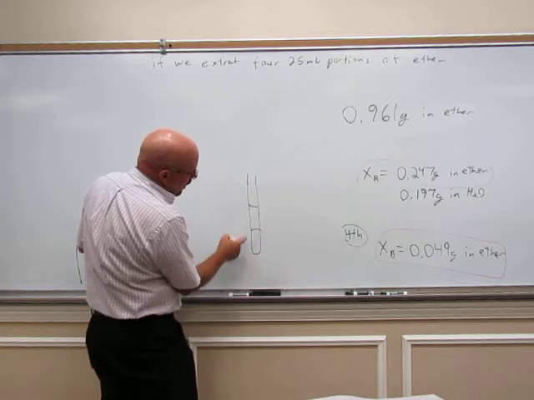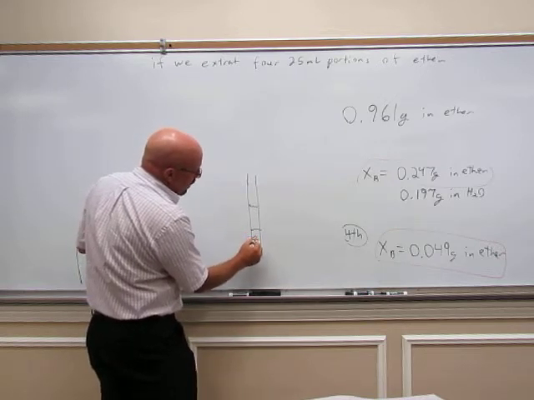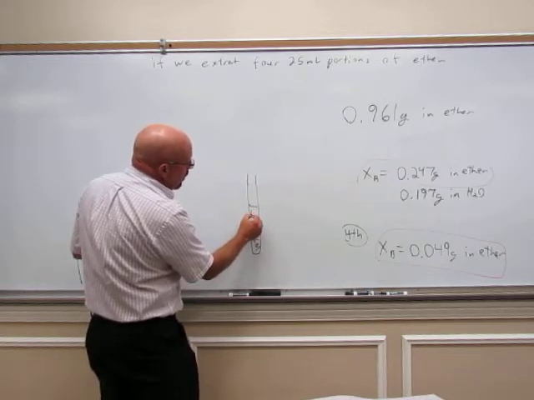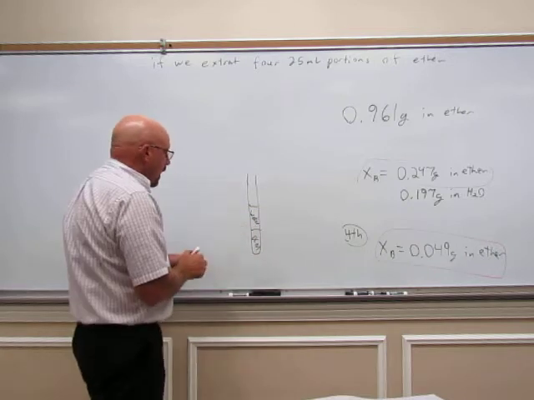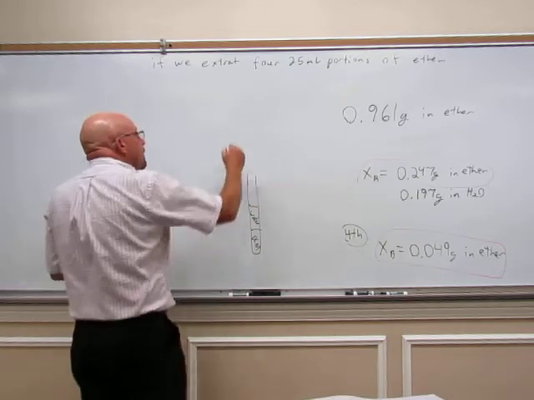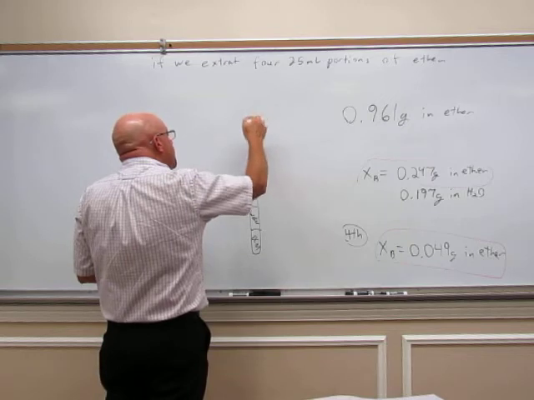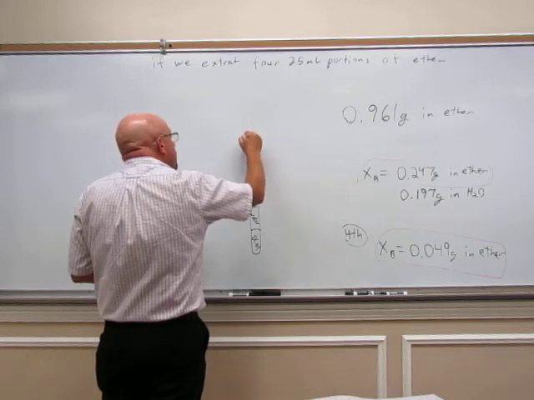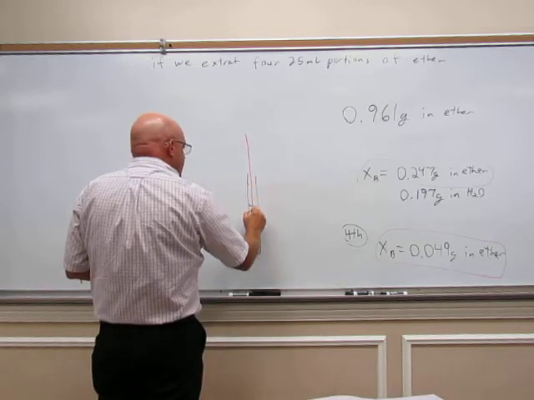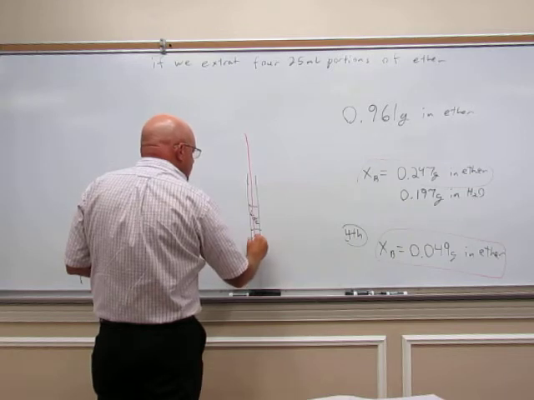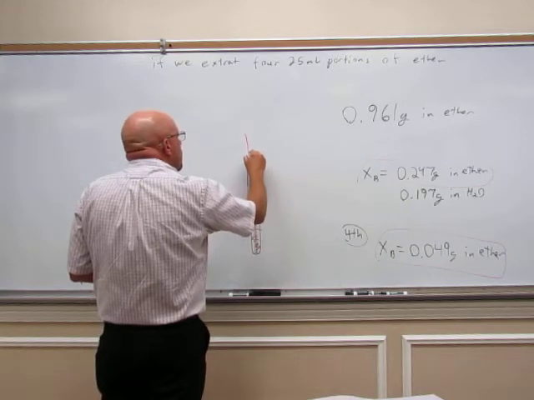So we have our two layers, should have separated. We have the dichloromethane layer and our water layer here on top. And you're going to take a Pasteur pipette, put the bulb on the top, and you'll take that pipette all the way to the bottom to get that bottom layer.